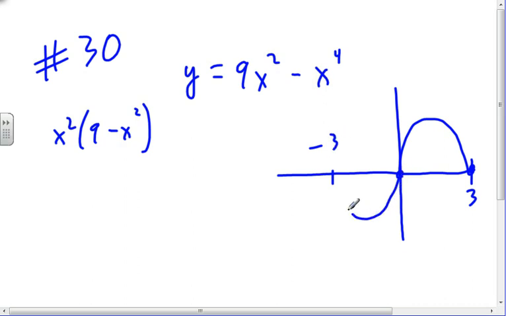So it looks to me like I have something like that. And then when I get above -3, it keeps on going more positive. No, that's not going to happen. It's doing this, and then I go more negative over here.